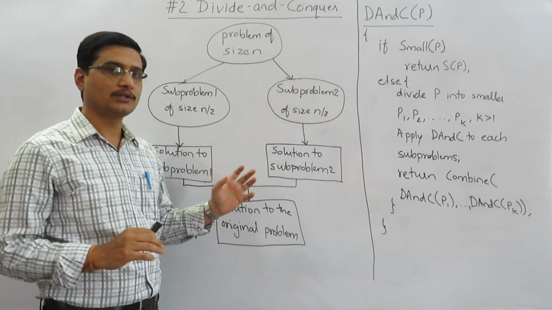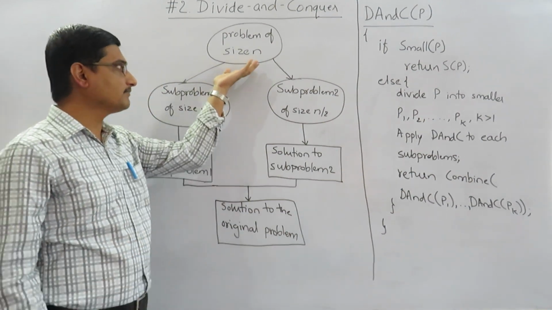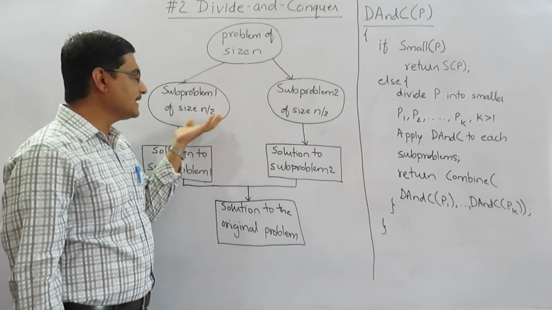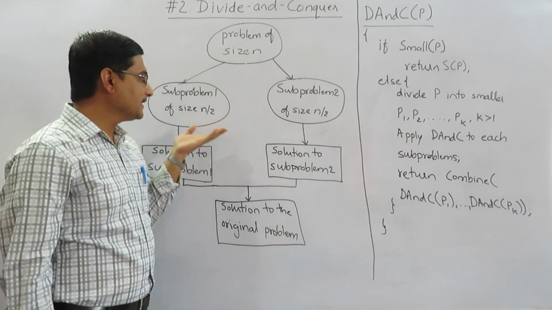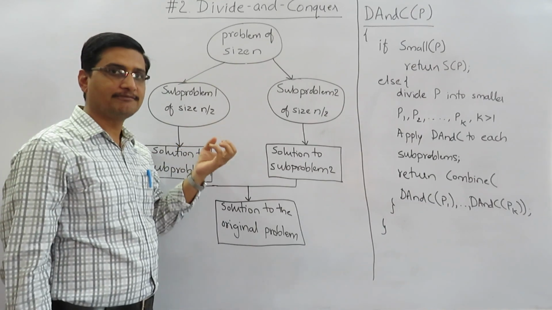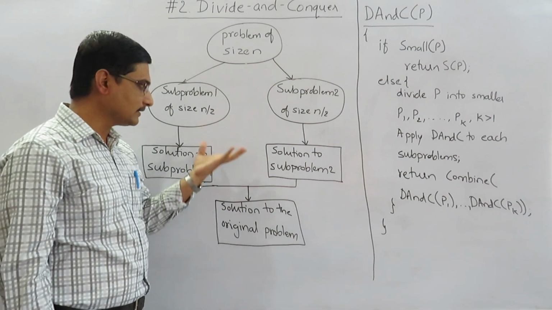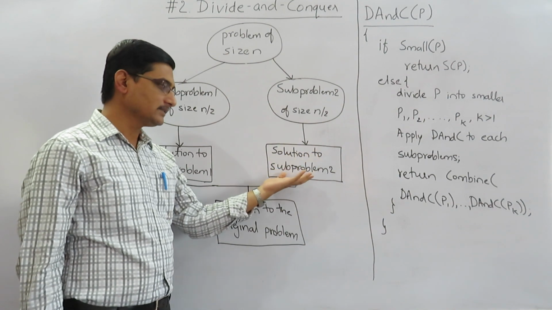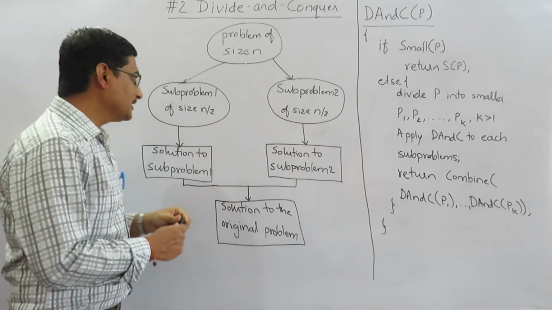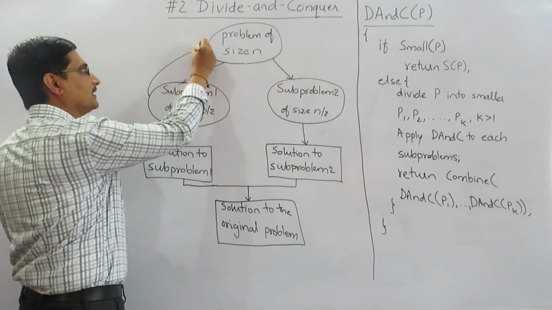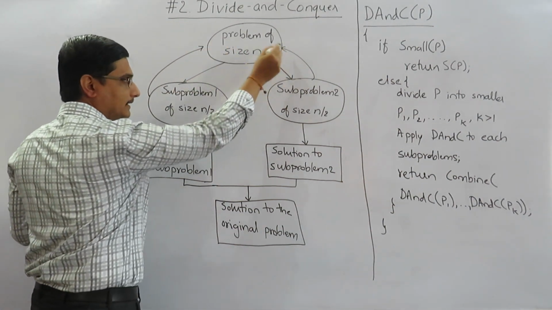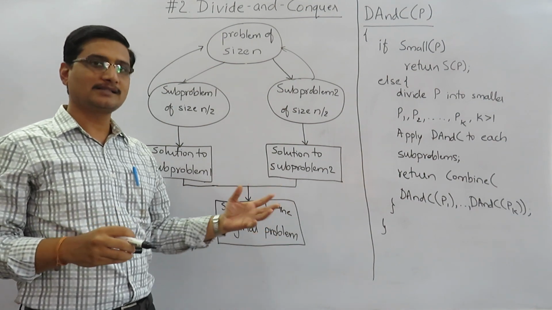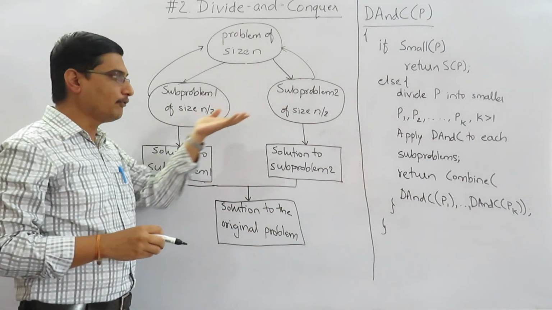This diagram shows that if there is a problem of size n, then that problem is divided into two sub-problems of size n by 2 and n by 2. If they are small enough to solve directly, then we get the solution for sub-problem 1 and the solution for sub-problem 2. If they are not small enough, again we employ the same method recursively to divide the problem into still smaller sub-problems, of size n by 4 and n by 4.